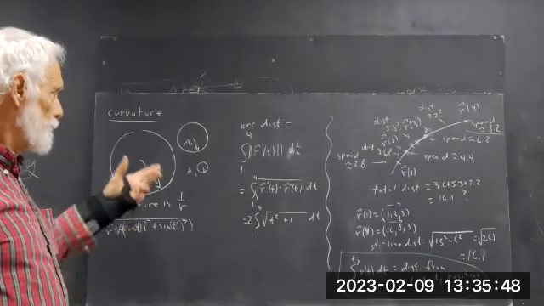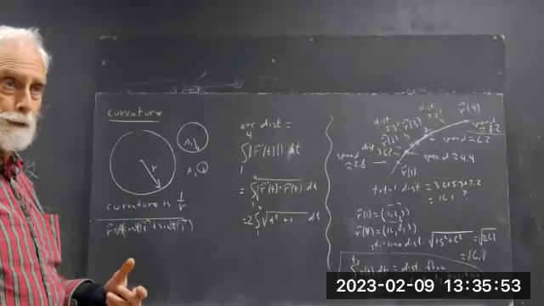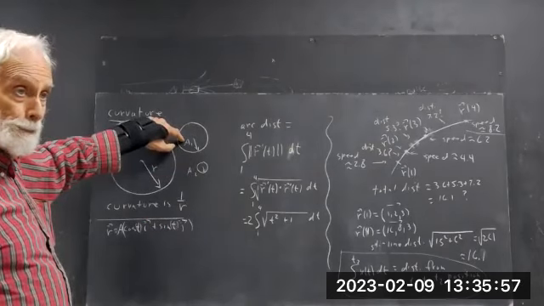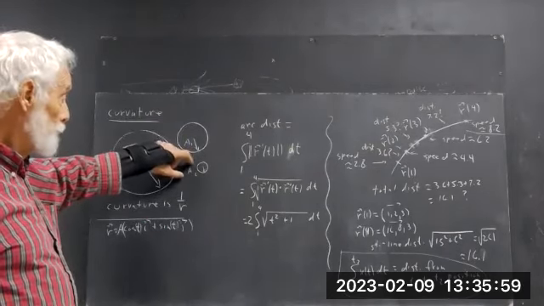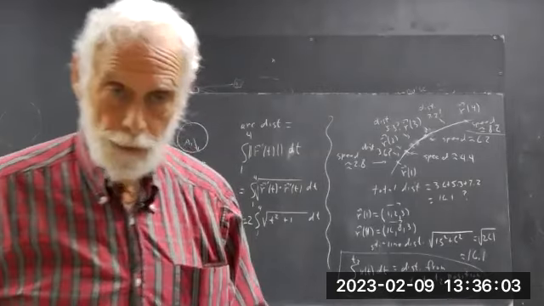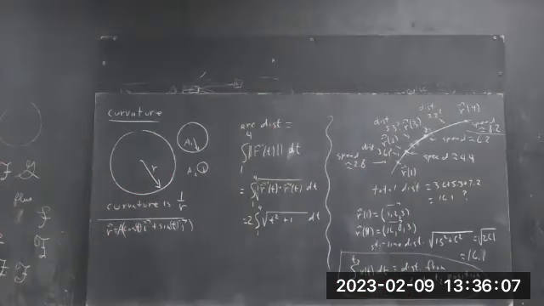You write down the expression for the curvature of the first circle and the curvature of the second circle. So this circle has radius A1, this one A2. Ask which one has a greater curvature, and write down the expressions for the curvatures of these circles.